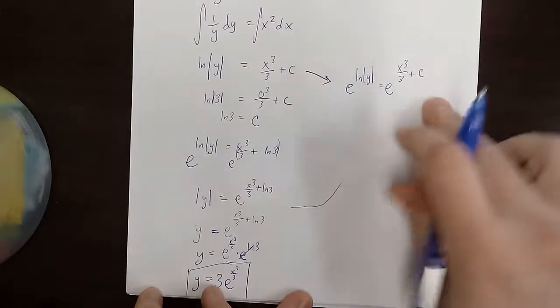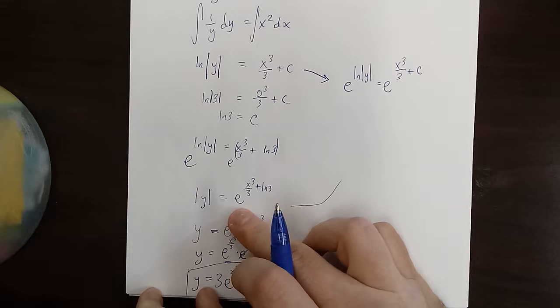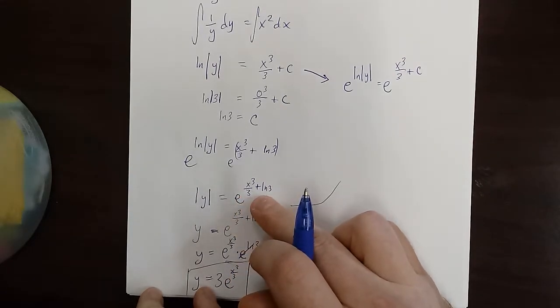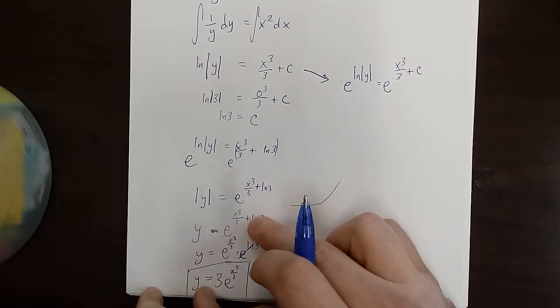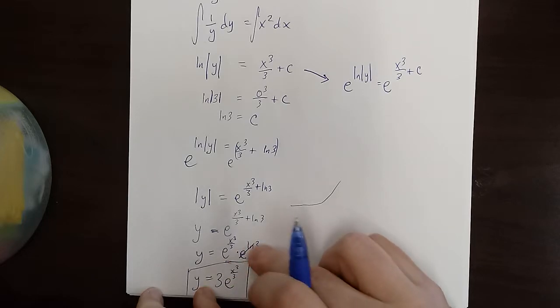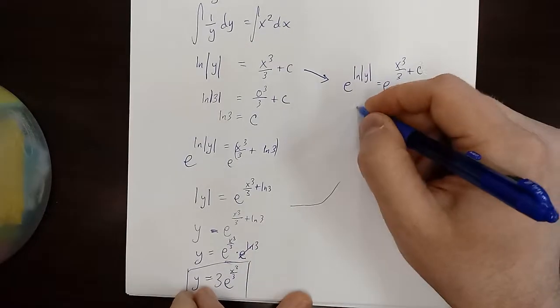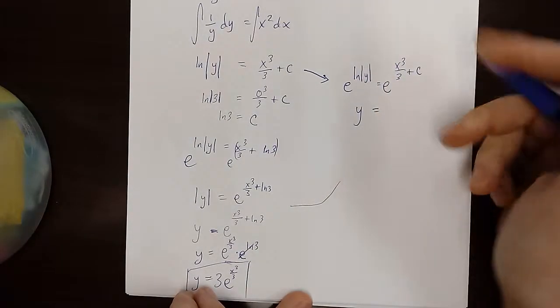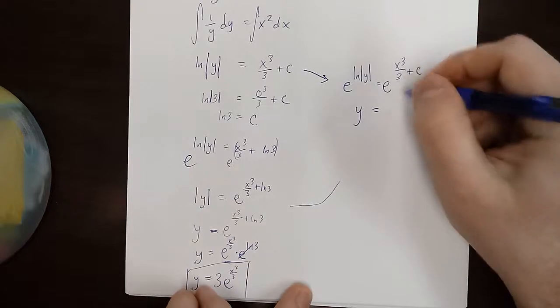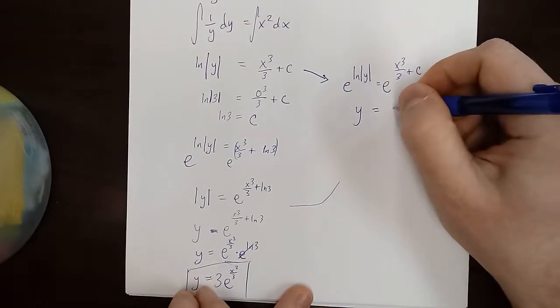Remember a minute ago, we had e to the x cubed over 3 plus ln 3, and we were able to break that up. I'm going to do the same thing here. On the left-hand side, we're going to have a y. Remember, the absolute value bars fall off because it's e to something.